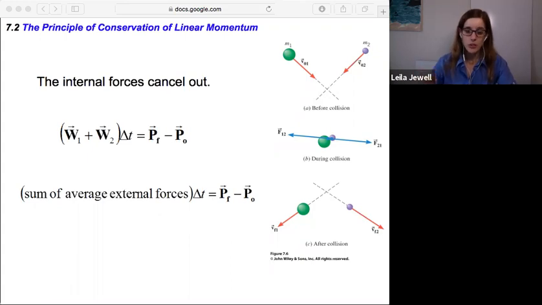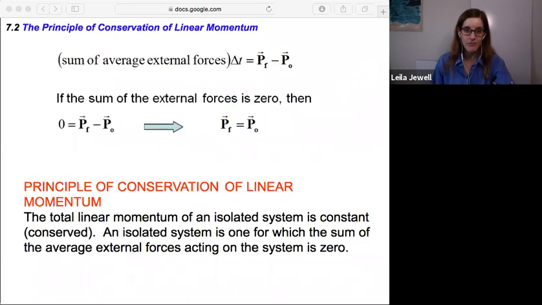So here we included gravity, for instance, but there are some cases where we don't have any net external forces, at least when we sum them all up. So if the sum of the external forces is 0, then we have 0 is equal to P final minus P initial, or in other words, our final momentum of the system is equal to the initial momentum of the system.